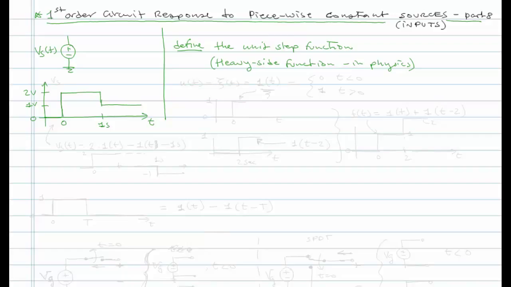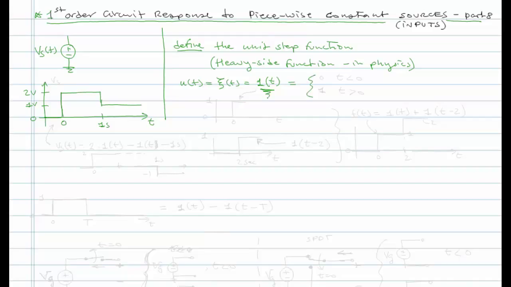Sometimes it's referred to as u of t, sometimes c of t, and sometimes, in the way I will refer to it, I will actually use the strange notation of 1 of t. These will all be names that we might use for the unit step, but I'm going to use this notation here.